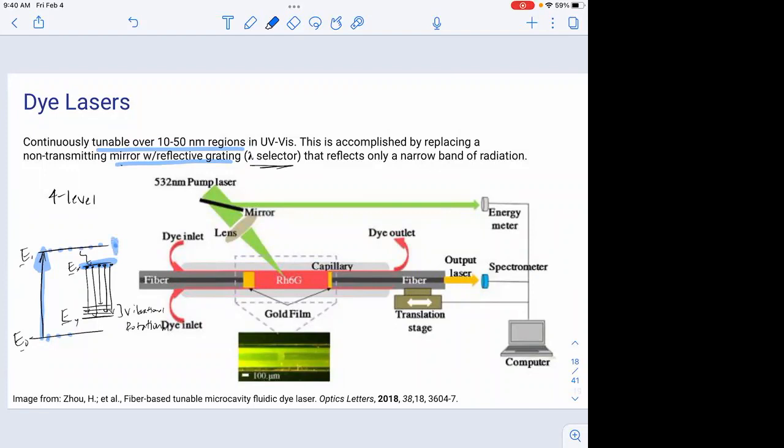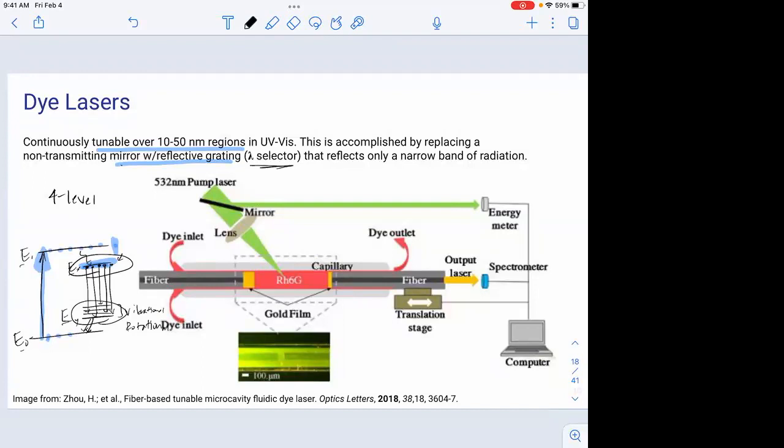The usefulness of EY here is that this transition happens really quickly. Because this is metastable and things come down from here really fast, there's almost always nothing here and almost always lots here. And so population inversion is much easier to achieve using a 4-level laser than a 3-level laser.